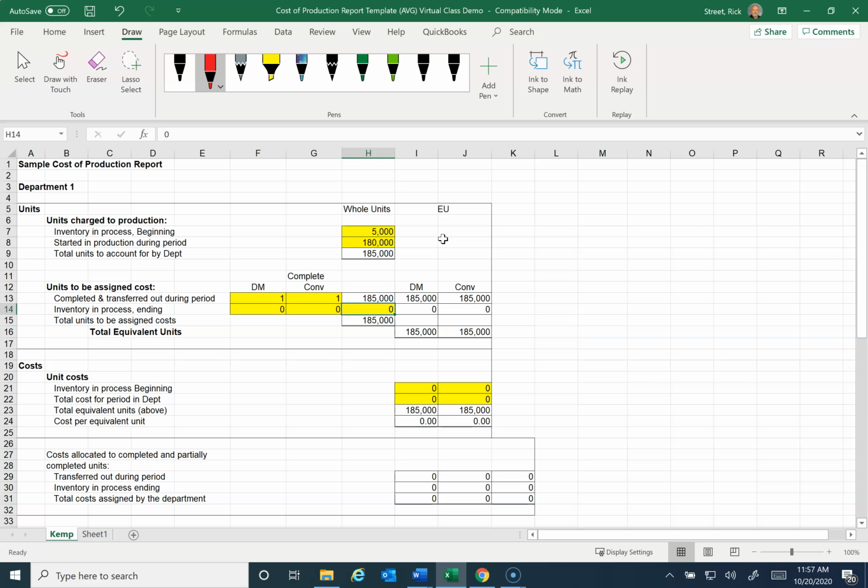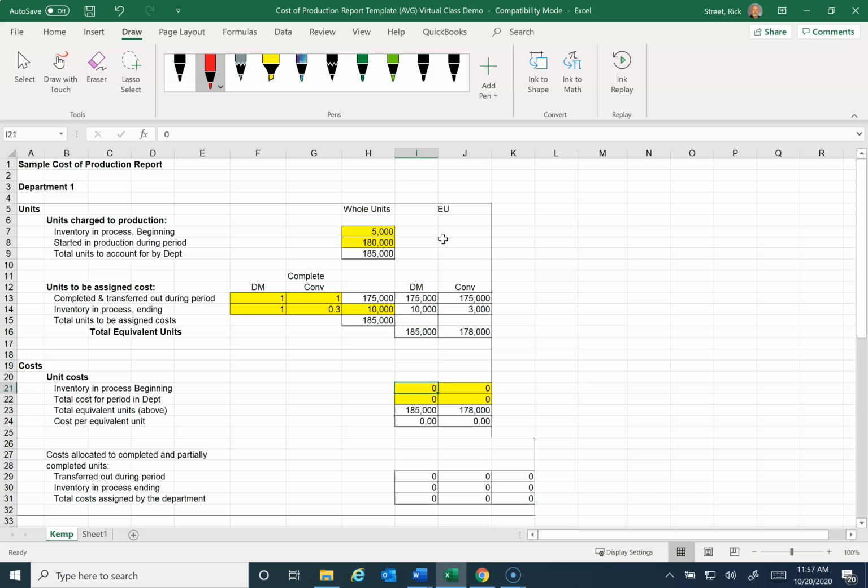We have 10,000 units in the ending inventory. Our ending inventory is 100% complete for direct materials and 30% complete for conversion costs. And here you see our equivalent units of 185,000 for direct materials and 178,000 for conversion.